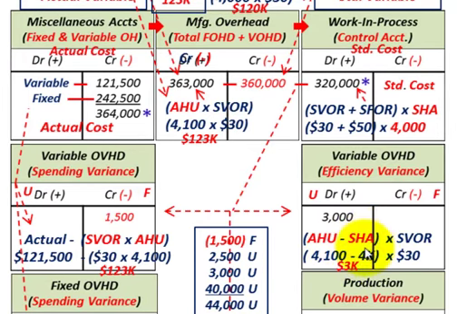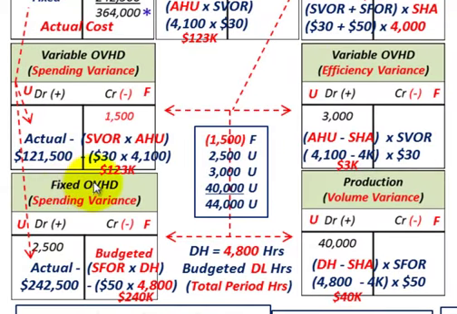Okay, so that takes care of our variable overhead. Now let's go down here and look at our fixed overhead, and this is where we have to deal with the spending variance again. This is where we take our actual fixed overhead cost. In this case, it's going to be $242,500 that we had, the actual amount, and then we'd have to compare it to the budgeted amount for the period.